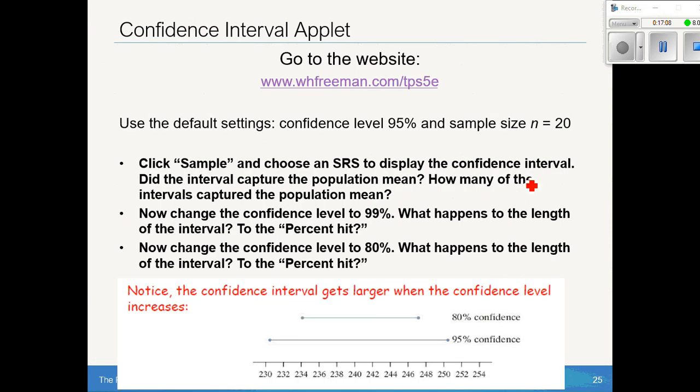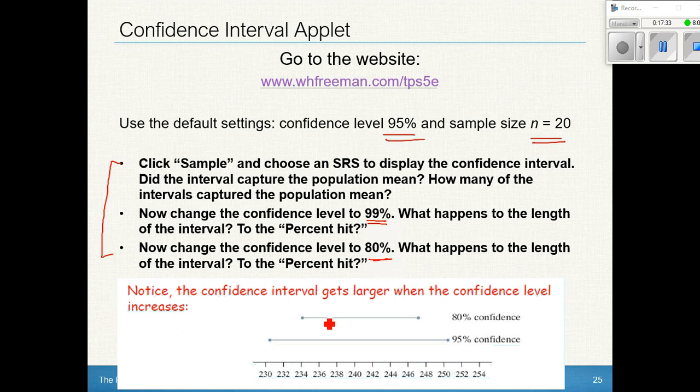All right, so if you would like to take a minute and go to this website right here, you can go to it and just play around with your confidence intervals and see what happens when you take different sample sizes, okay? So go ahead and follow the directions on this page. I just want you to look at what happens to the confidence interval size when you go from 99% to 80%.